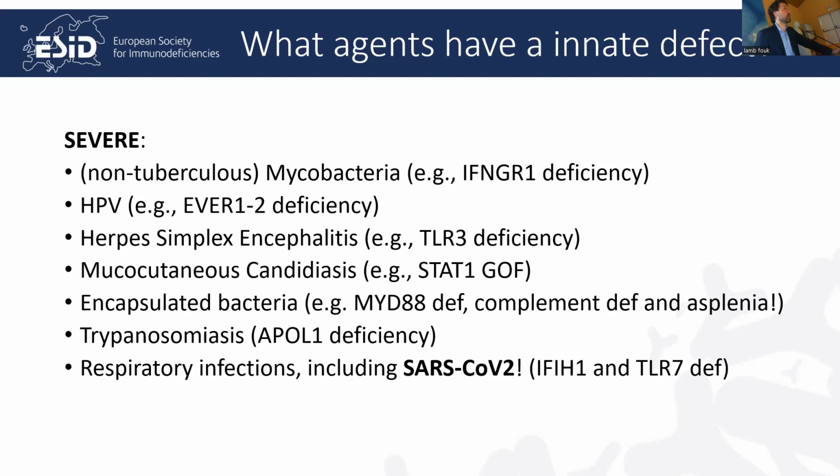And when COVID came out, there are several innate immune defects that are the cause of severe COVID. And I'm sure that there are many more to come in the future, as more severe disease will be cracked with this mindset.